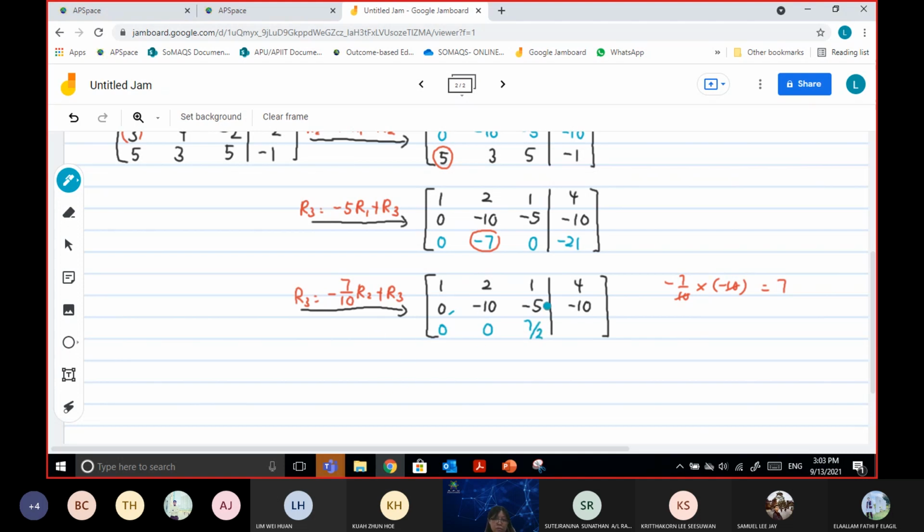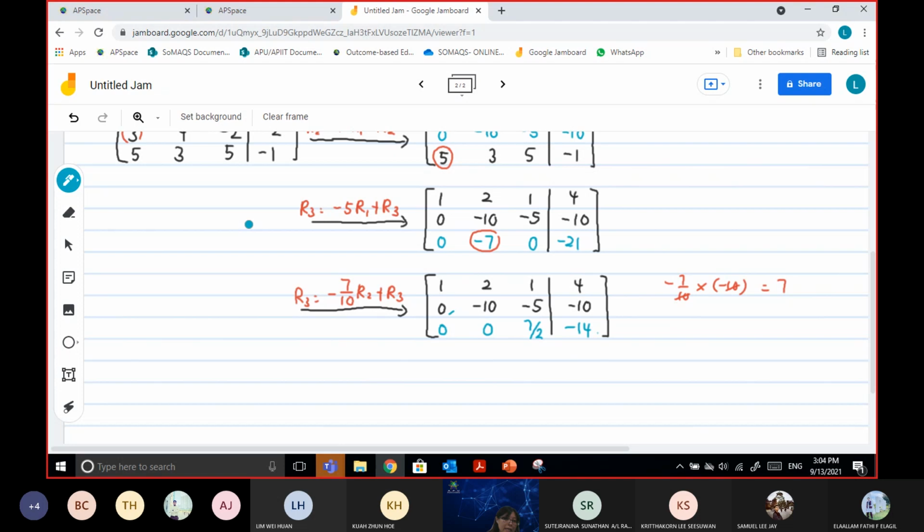Then the next one will be negative 7 over 10 times negative 10, so you get a 7. 7 plus negative 21, you get negative 14 here.